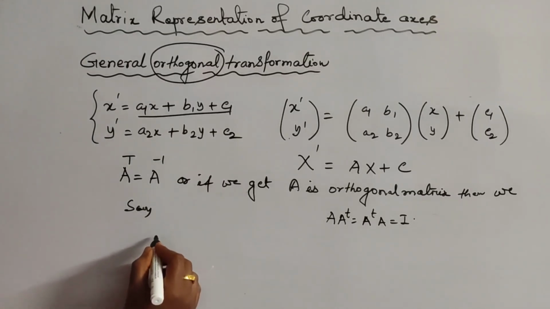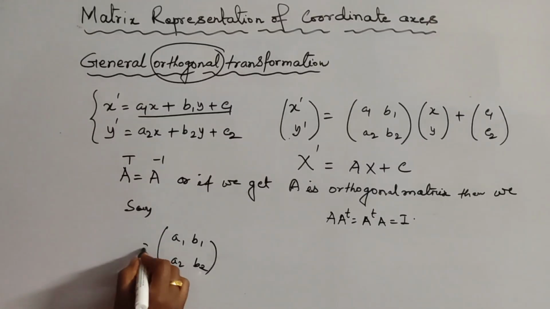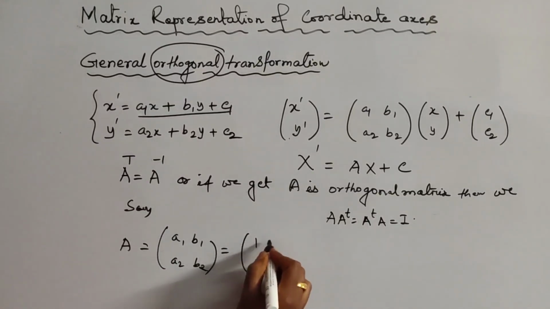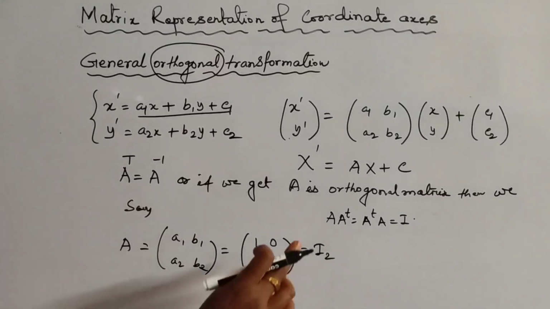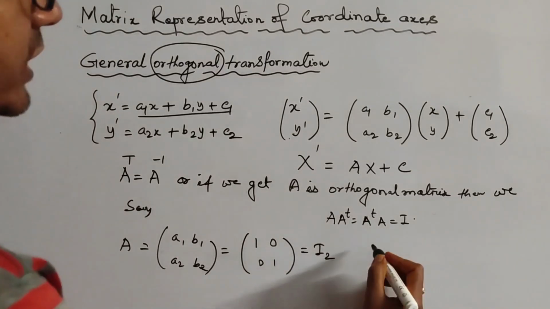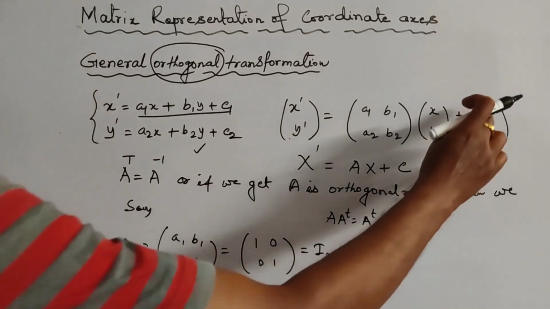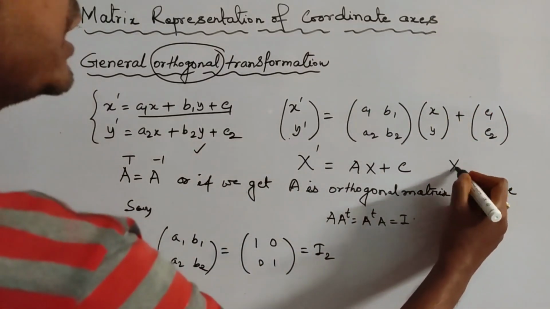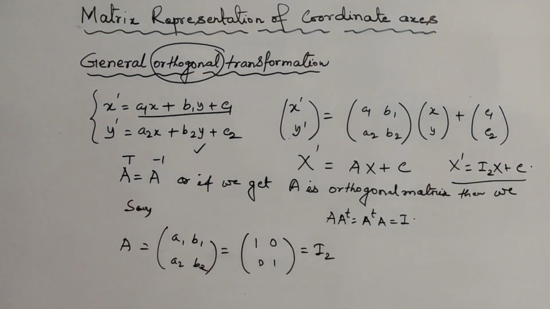Because if we take A1, B1, A2, B2, that is A, equal to 1, 0, 0, 1, that is I2, and clearly I2 is an orthogonal matrix, then this formula becomes the formula of translation or origin shifting at the point C1, C2, and it becomes x dash equal to I2 x plus C. We know this formula as number 1.